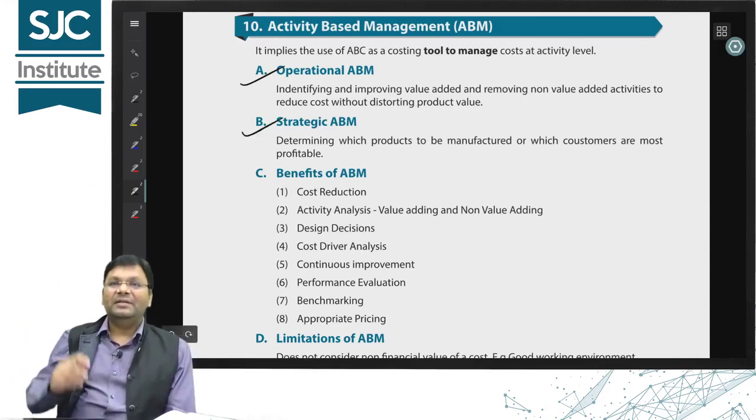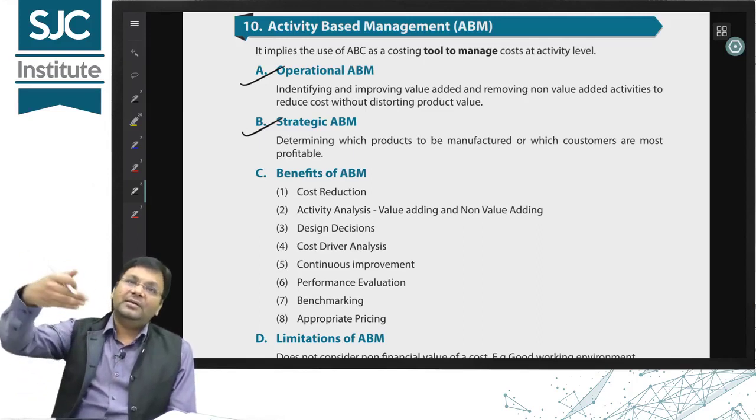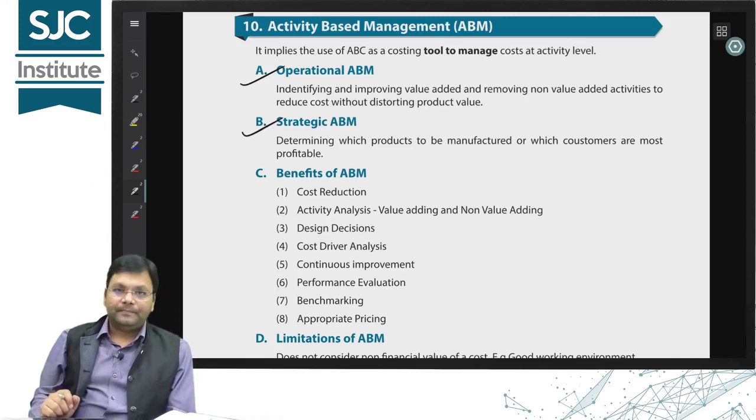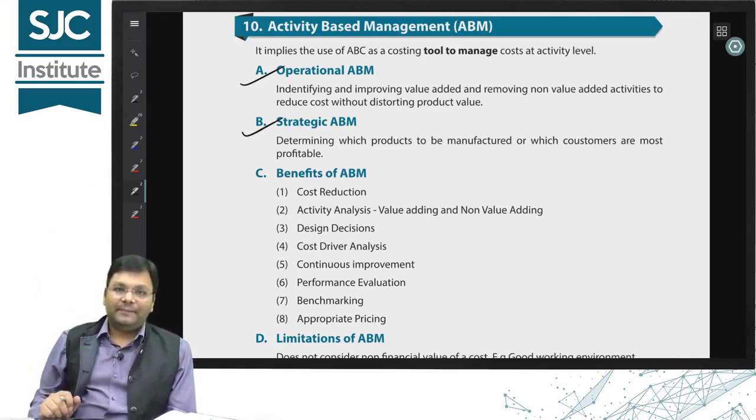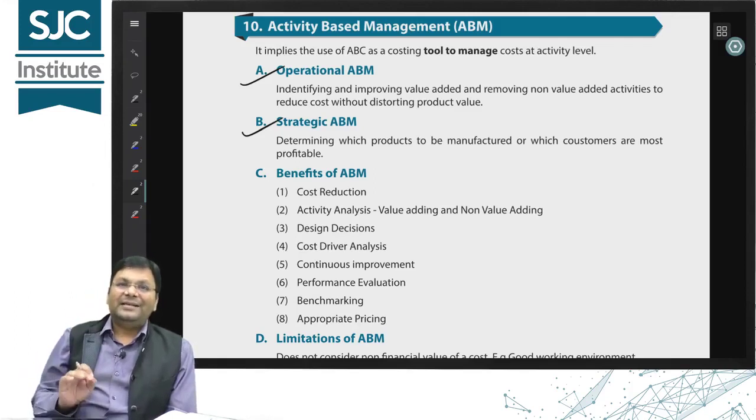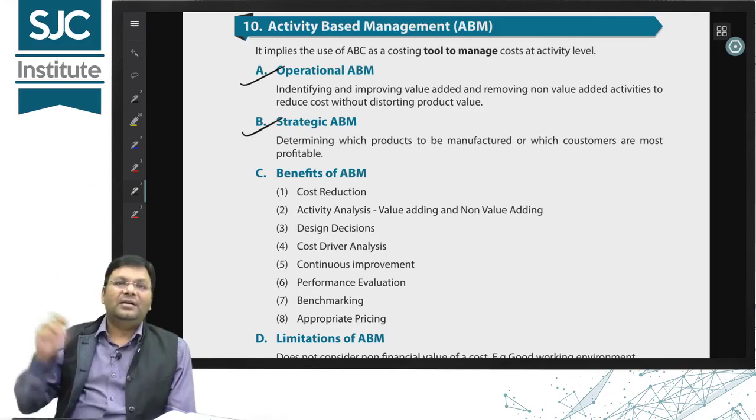Strategic ABM is a decision that you are taking which will be implemented in a longer period of time. Got it? So strategic ABM gets executed in a longer period of time. Operational is routine work. So in ABM, the routine work is to read the activities and understand whether you need it or not.